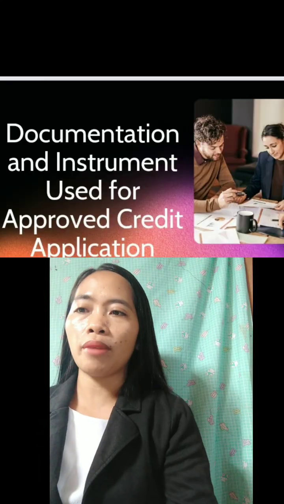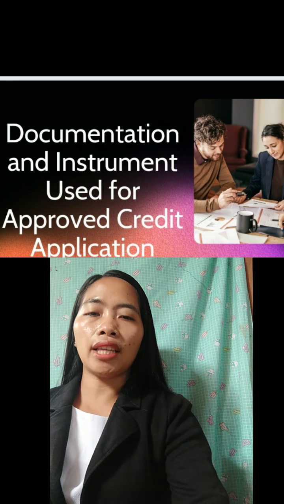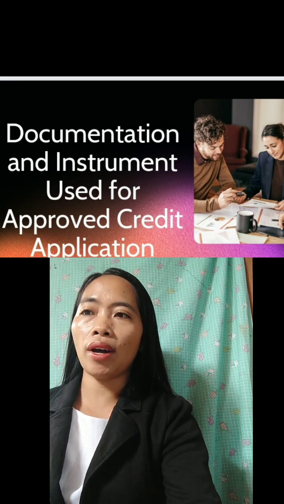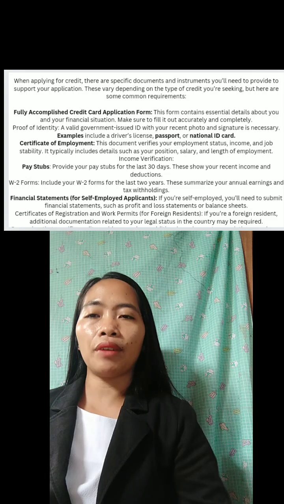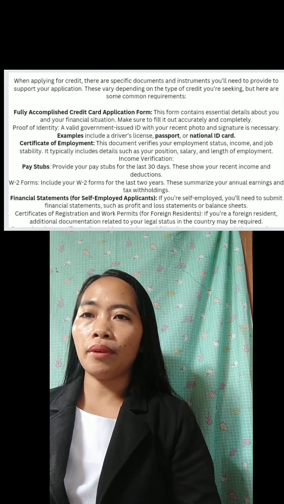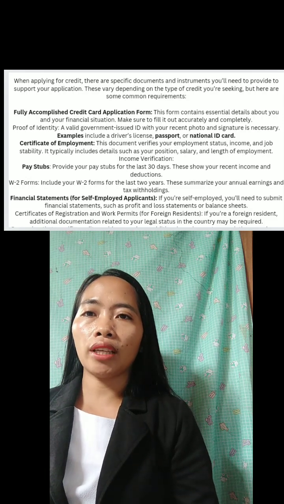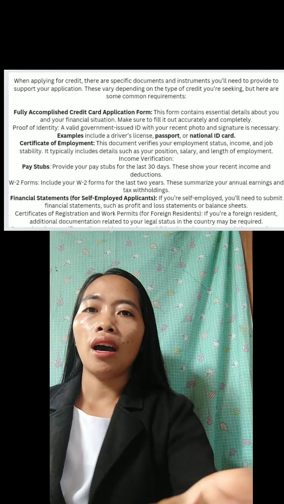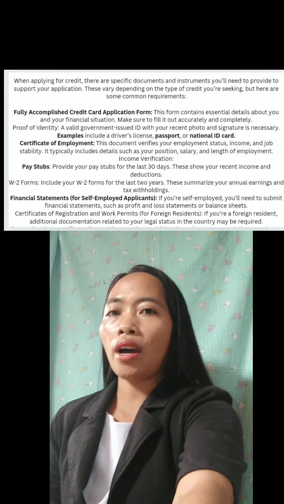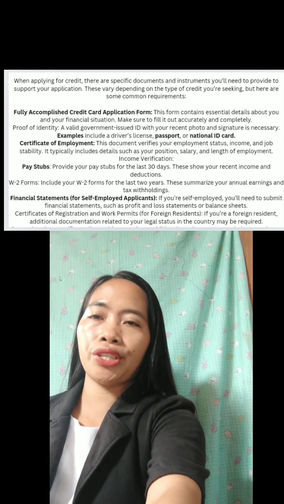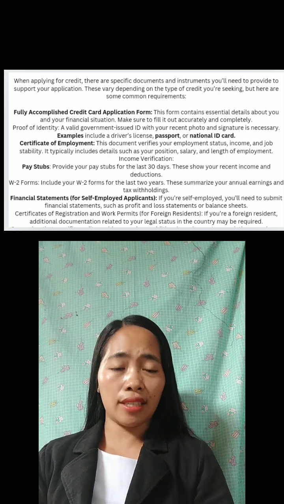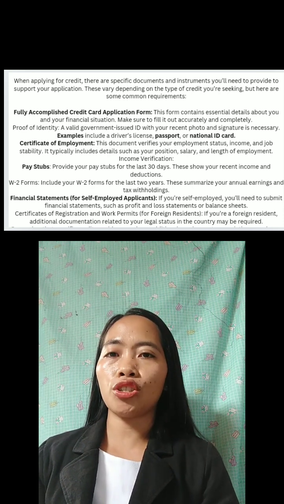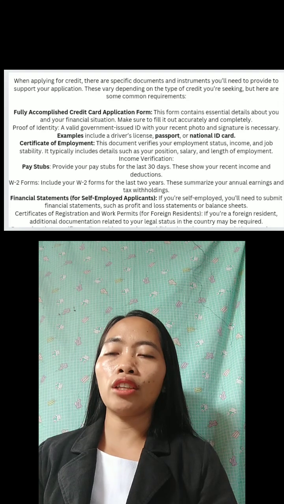Documentation and instruments used for approved credit applications. Number 1 is a fully accomplished credit card application form. This form contains essential details about you and your financial situation, and examples include driver's license, passports, national ID cards, and a certificate of employment.